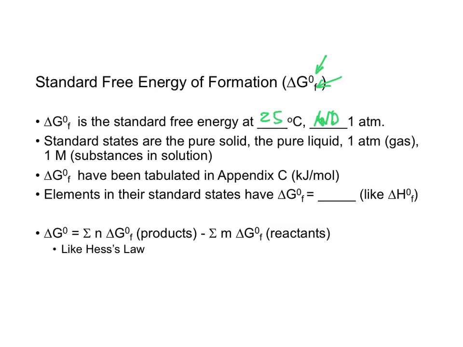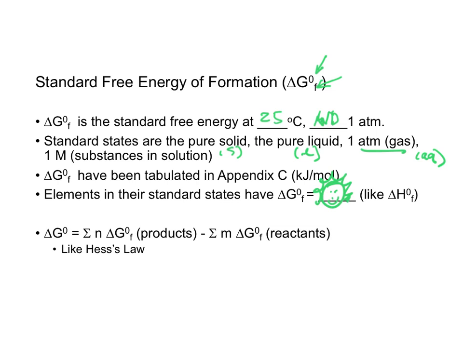So just like with delta H, standard substances are pure solids. They are pure liquids, and if you have a gas, it is 1 atmosphere. If you have a substance in solution, those are all the standard states. They have all been tabulated, or they will be provided to you, and elements in their standard state have a delta G0 of formation equal to 0, okay?